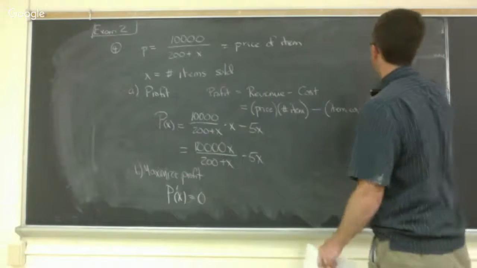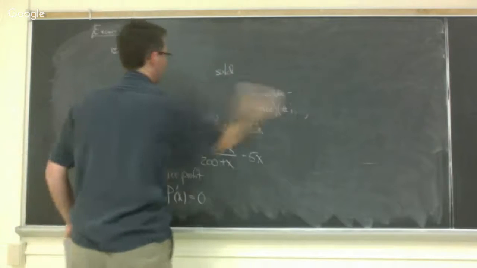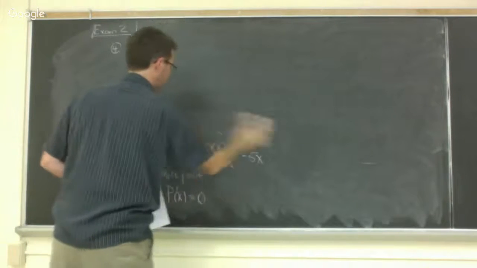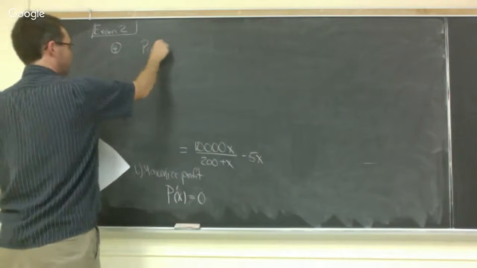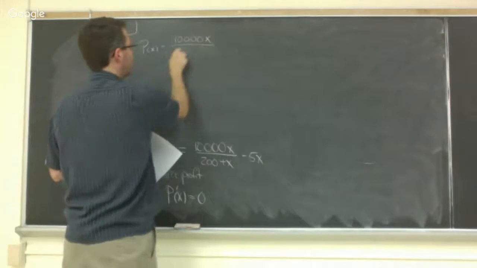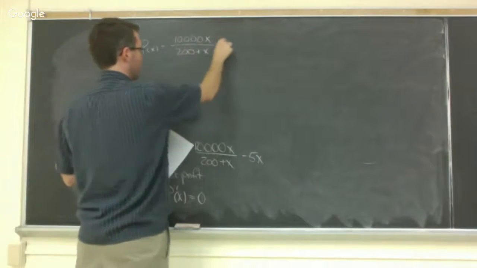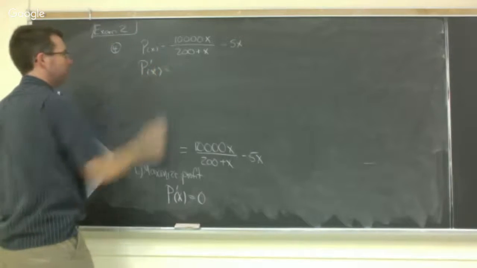So let's reset here. Our profit function is 10,000x over 200 plus x, minus 5x. We're going to calculate this derivative.